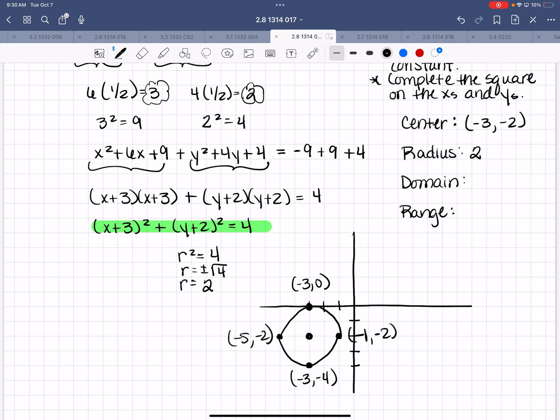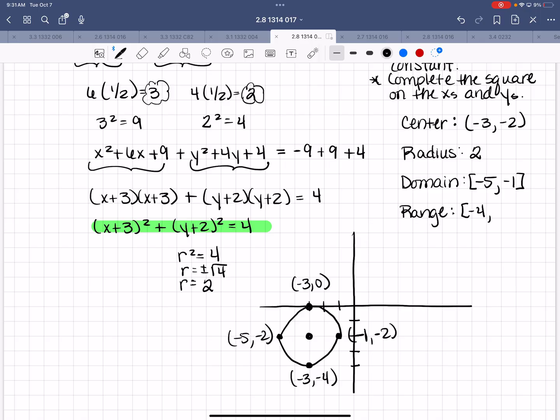Okay. So on that domain, where do I start on my x's? Good. And where do I stop on my x's? -1. Good. My range, what's my bottom? -4.